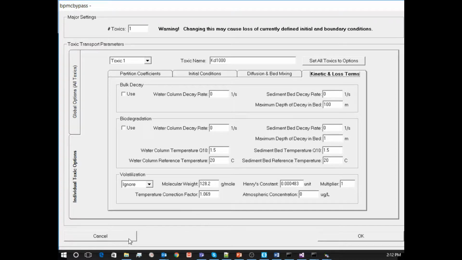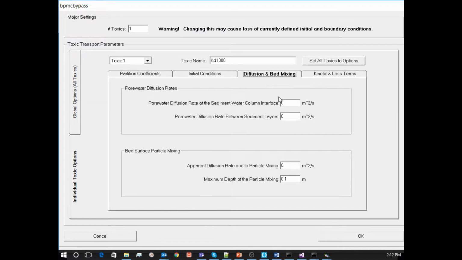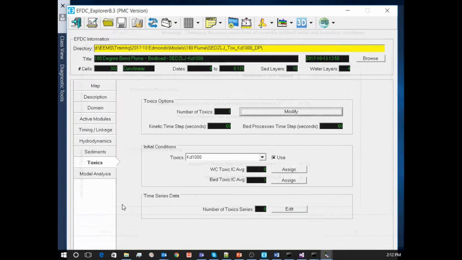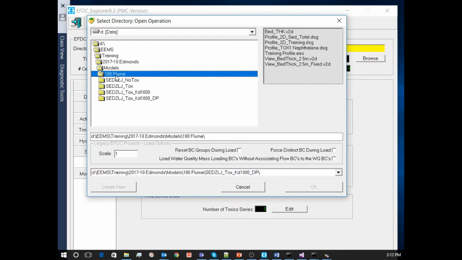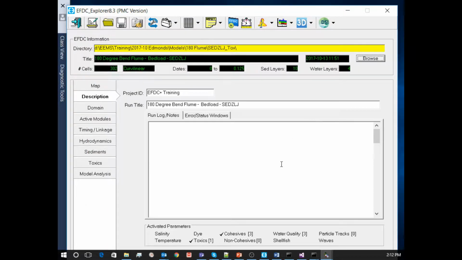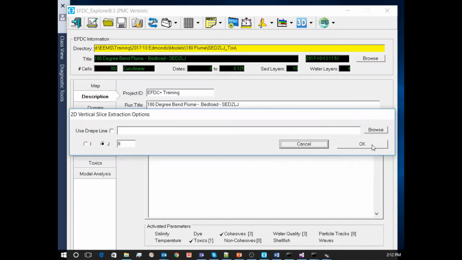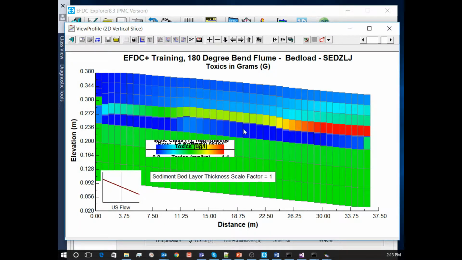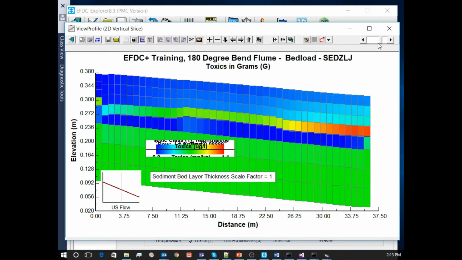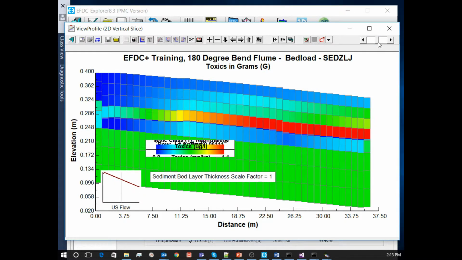So what we want to do is actually play around with diffusion. I'm going to start up with the naphthalene test case. Actually, what I had suggested is that we raise the diffusion rate, but frankly speaking, after looking at this profile and seeing the higher concentration in the water column, I'm thinking that the diffusion rate's probably too high.